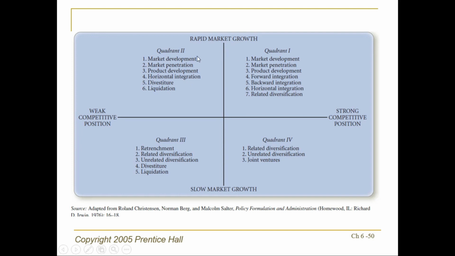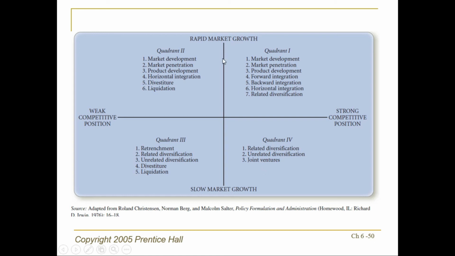And similarly, if the market growth is rapid but your competitive position is weak, then you go for the quadrant 2 kind of strategies. And if your competitive position is strong but the market growth is sluggish, then you go for related and unrelated diversification and joint ventures to stay in the market.